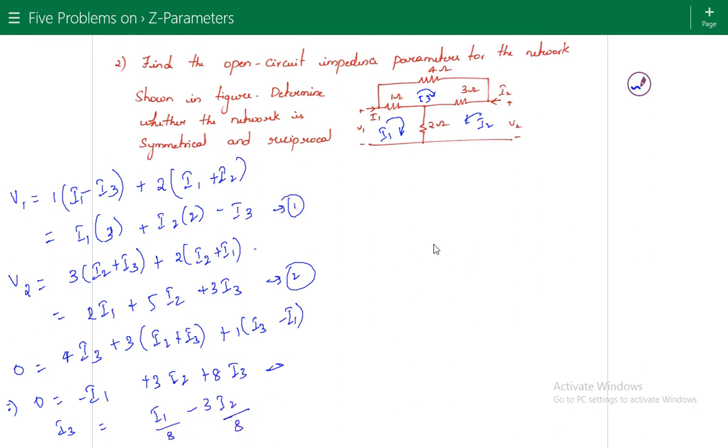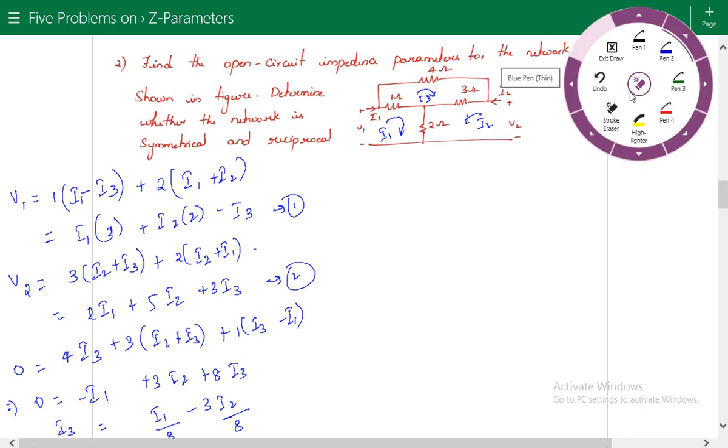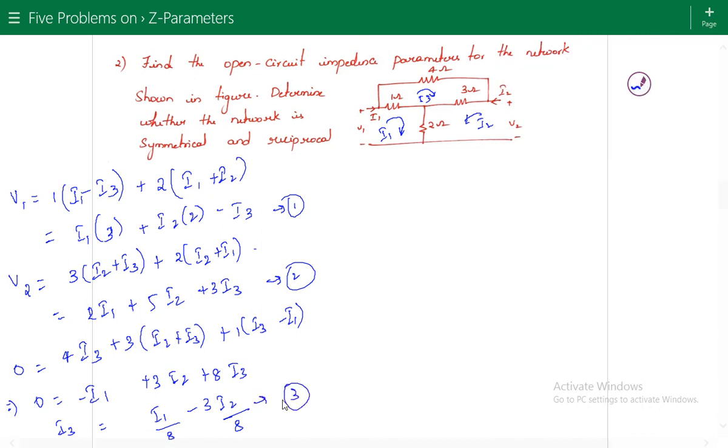This is equation 3. Now substituting 3 in 1, V1 equals 3I1 plus 2I2 minus I3.